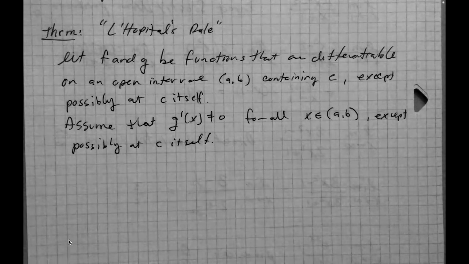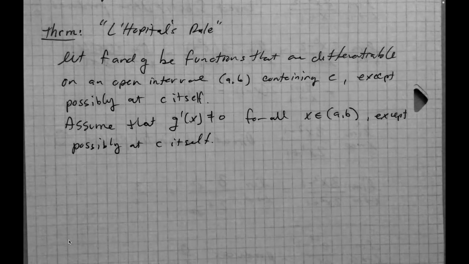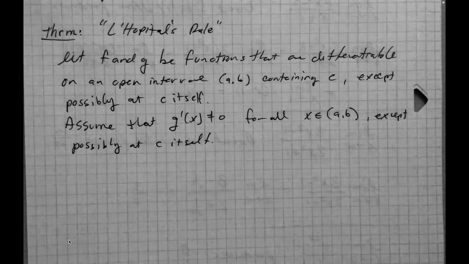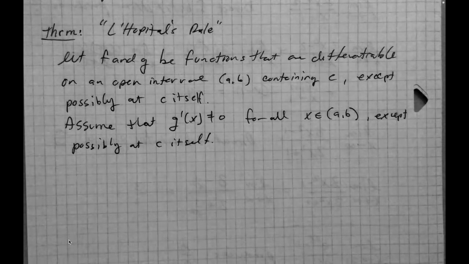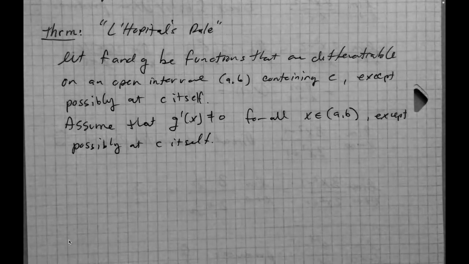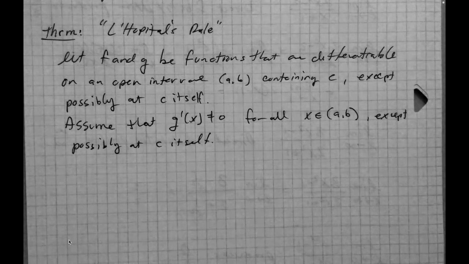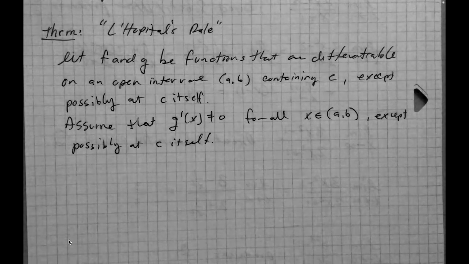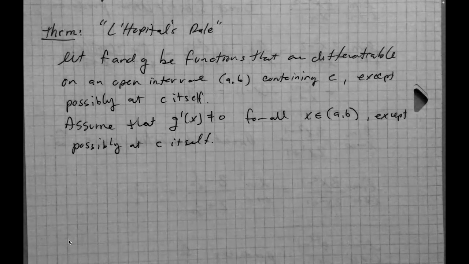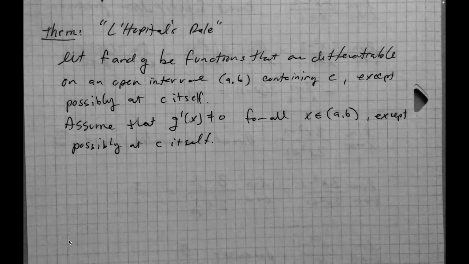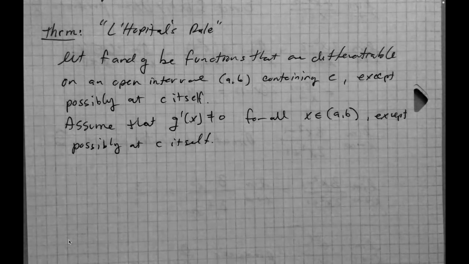Okay. So f and g are functions differentiable on an open interval containing c, except they may not be differentiable at c. And further, assume that the derivative of g is non-zero everywhere on the interval except possibly at c. Okay, so this is kind of stuff we've seen already, right?